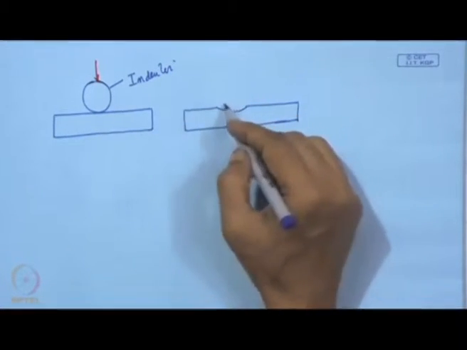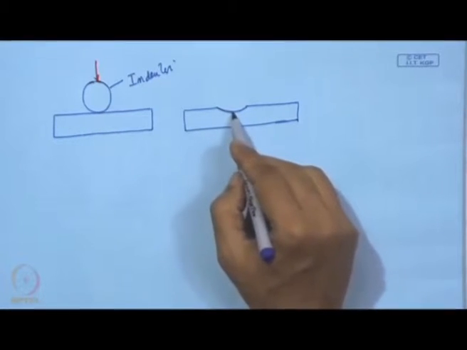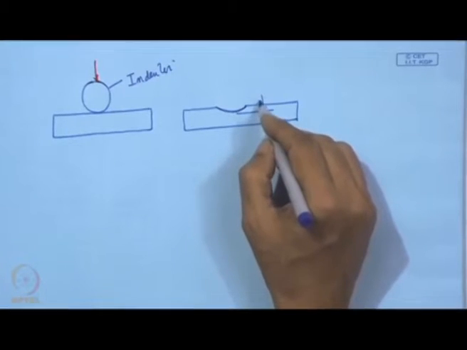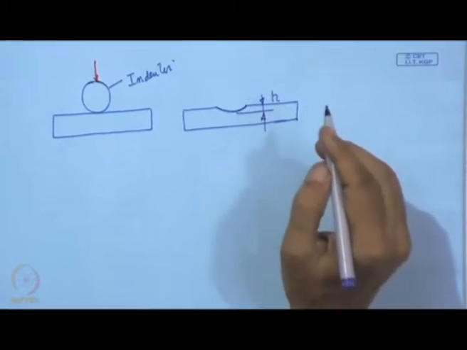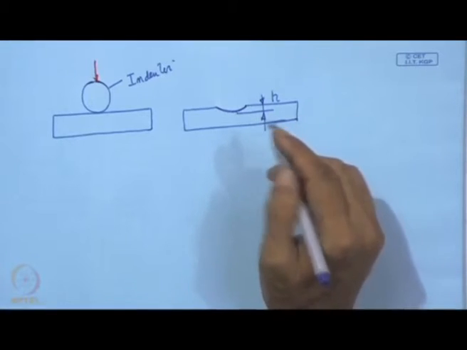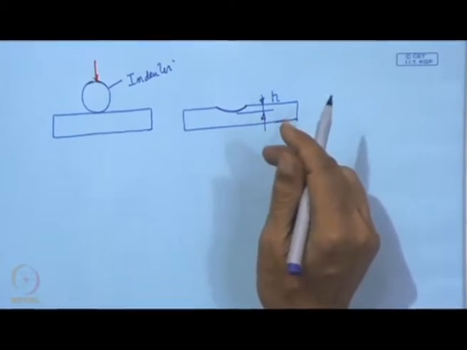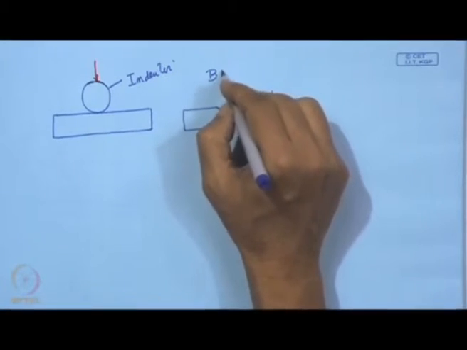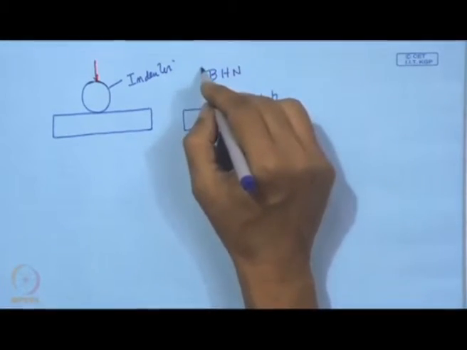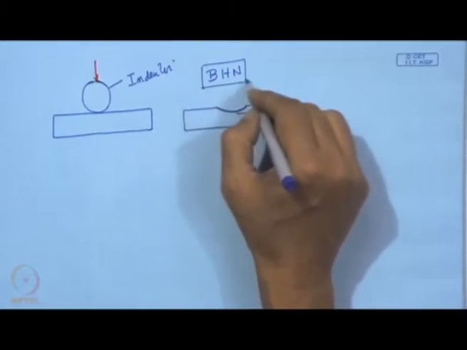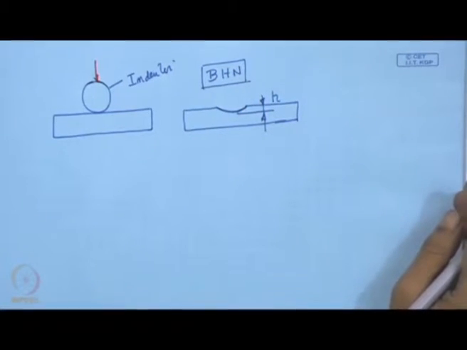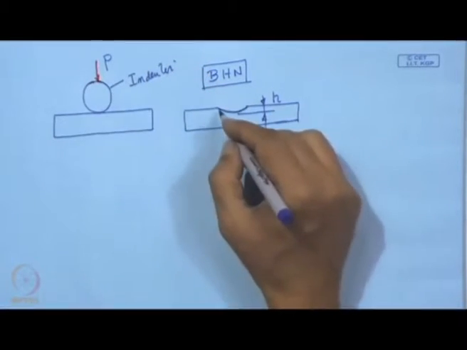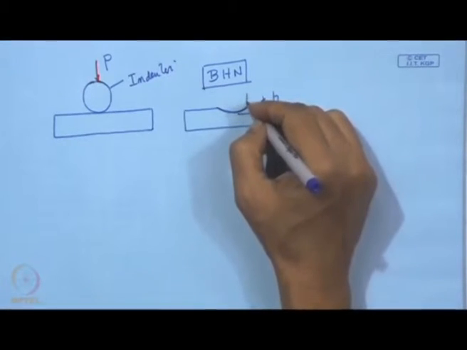So, this ball curvature will be produced here, and this deformation is an index of this hardness. In Brinell hardness testing one number is introduced, and that we call Brinell hardness number, and that is given by the load divided by the area under indentation.